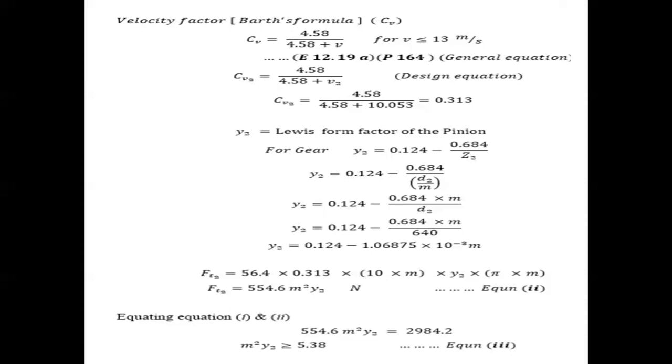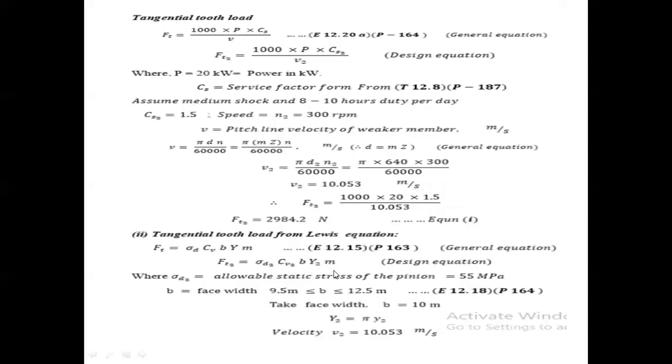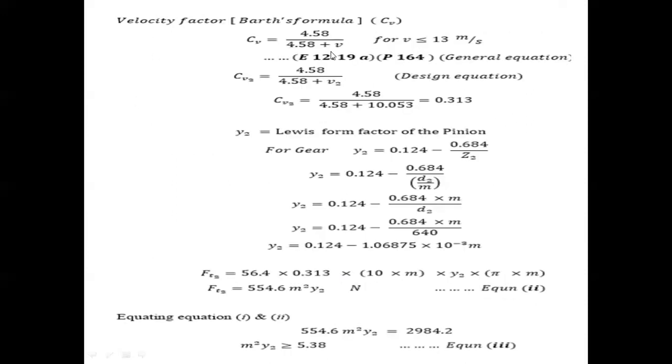Here velocity is lesser than or equal to 13 meter per second, that's why I have to go with 12.19b. You can see here velocity is 10.053. So we can use this equation 4.58 divided by 4.58 plus V2. Substitute the values in the above equation and you get Cv equal to 0.313.